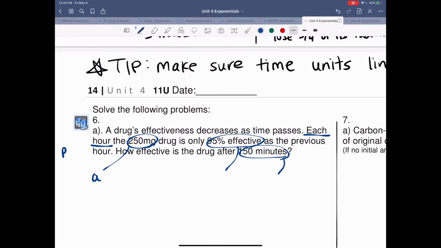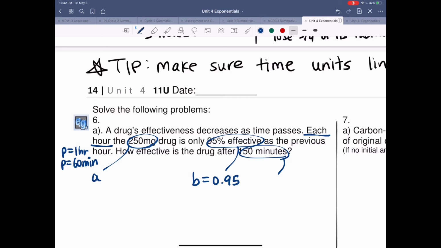So I'm going to say that the p is equal to 1 hour, or we could also say in terms of 60 minutes. So either or depending on where my units align. Next, I have that it is 95% effective. That is telling you directly your decay factor, and it's 0.95 exactly.